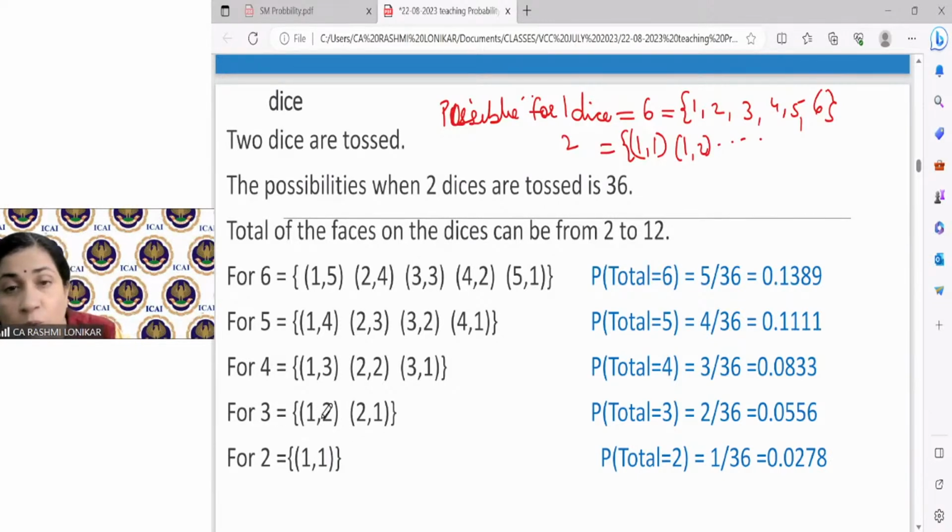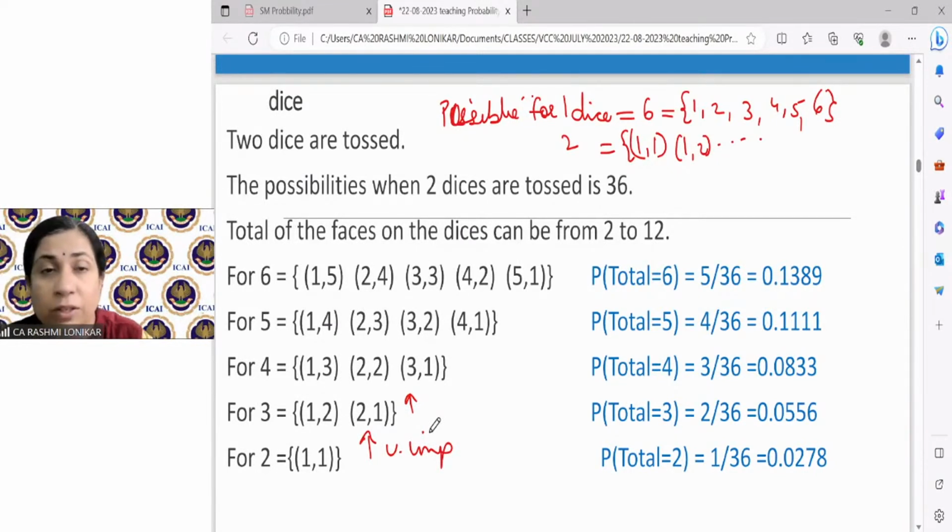I can get 1 2 or 2 1. These lines are also very important, because it is not always about the order. It is also about whether or not I get a number. So every time you have to think not only of one scenario, but also of the other scenarios.